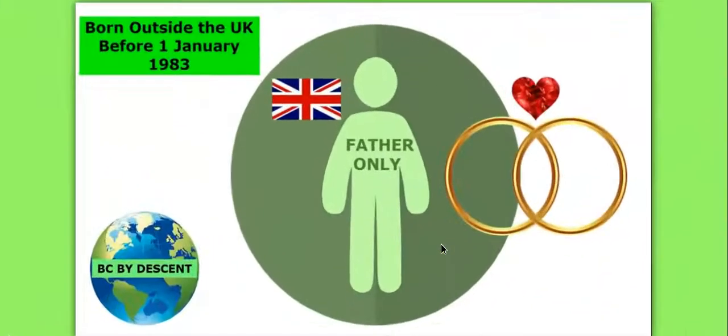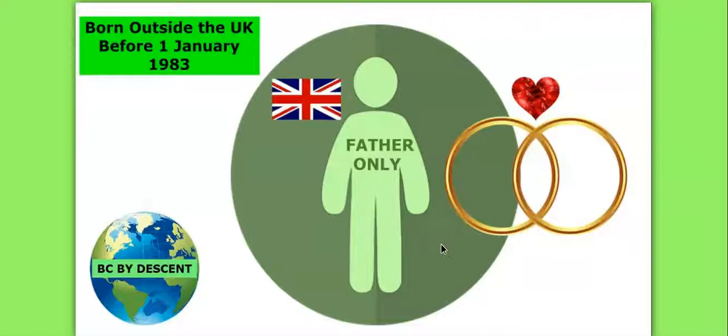Before 1st of January 1983, those who were born outside the UK could only get their British citizenship through their father and not through their mother. And the father will need to prove that he was born in the UK or naturalized, and the father was married to the child's mom.